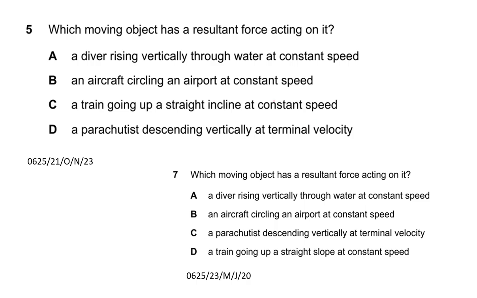Which moving object has a resultant force acting on it? Okay, the same question is repeated. This is based on circular path. Wherever an object is moving with a constant speed, you can see that the forces are balanced, except when the object is moving in a circular path.